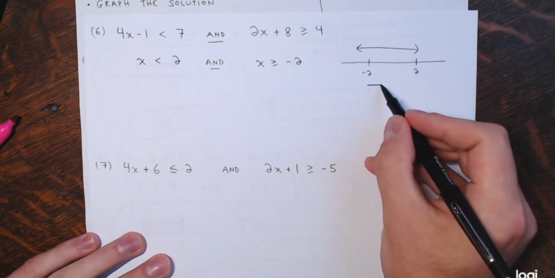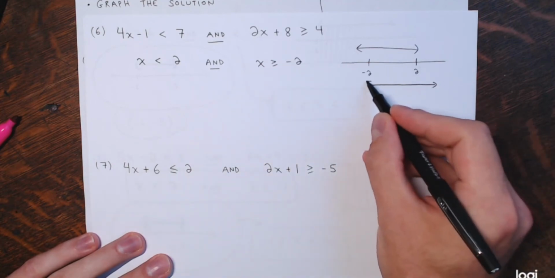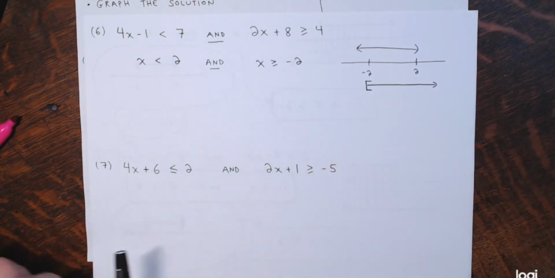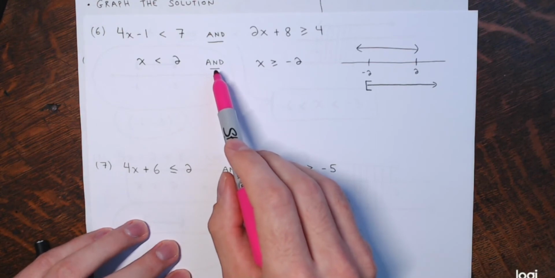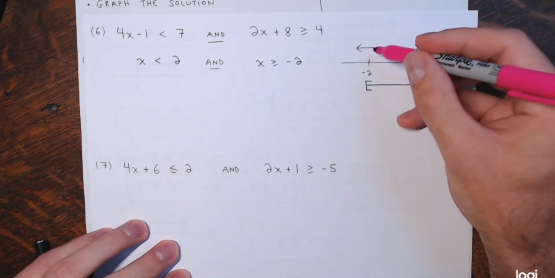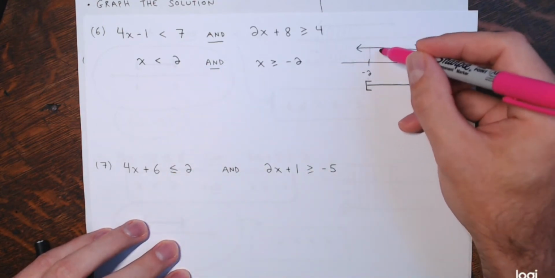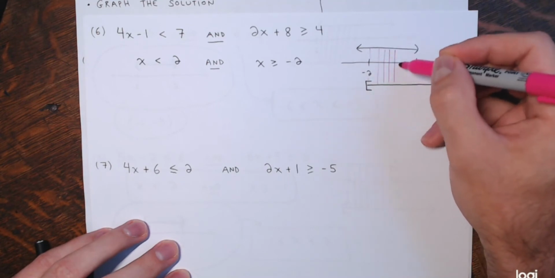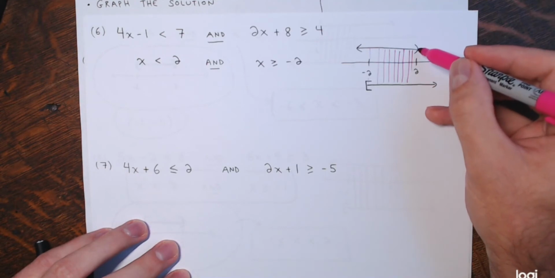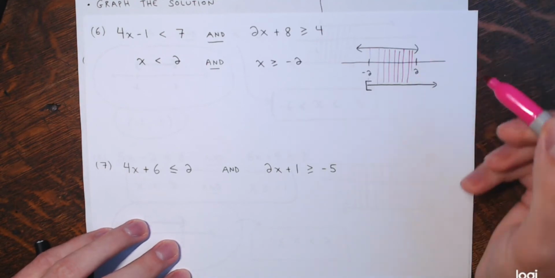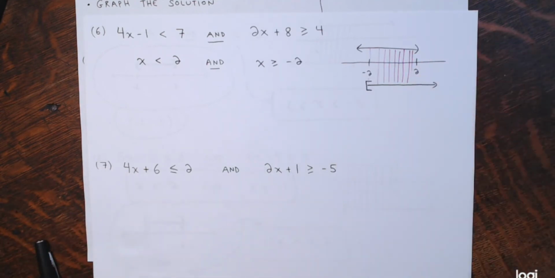That's to the right of -2 and including -2. And again, we've got an and inequality, so I'm looking for the numbers that satisfy both. Now, -2 is on both. All these numbers between -2 and +2 are on both. But then +2 is not on both. So +2 is not a solution of the compound inequality.